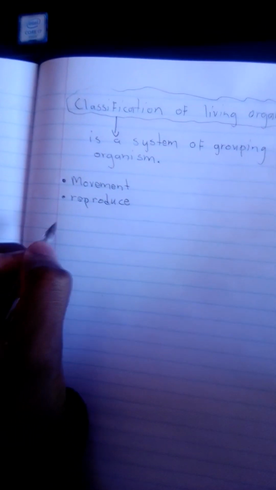So you must all remember the characteristics of living organisms. The first characteristic of living organisms is movement. All living things can move. All living things can reproduce. And all living things can respirate, whereby there's a gaseous exchange.